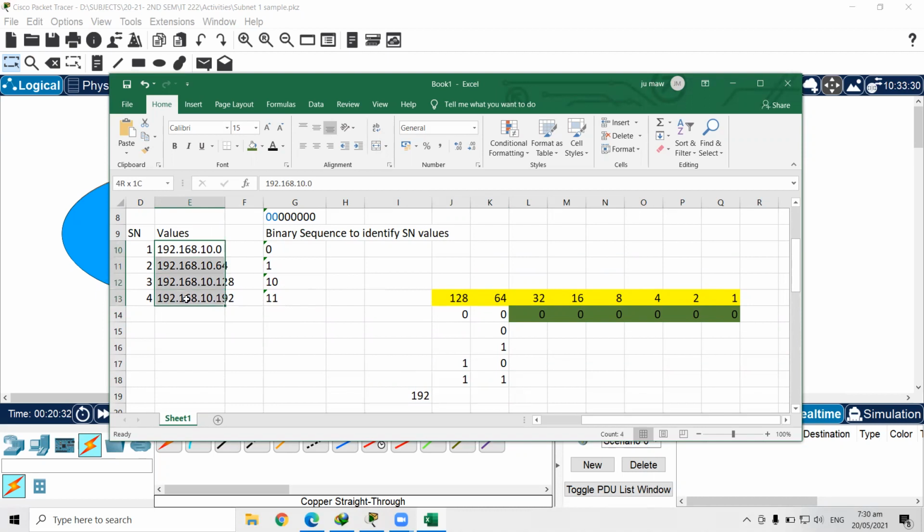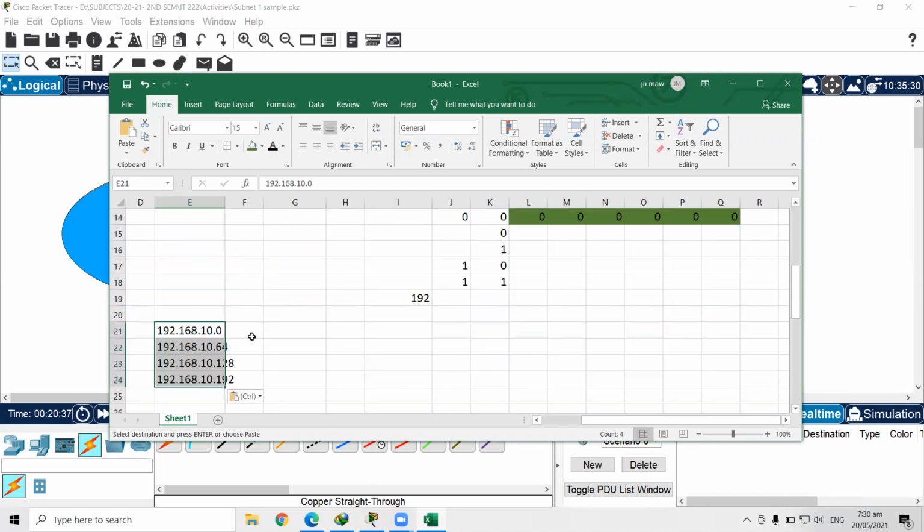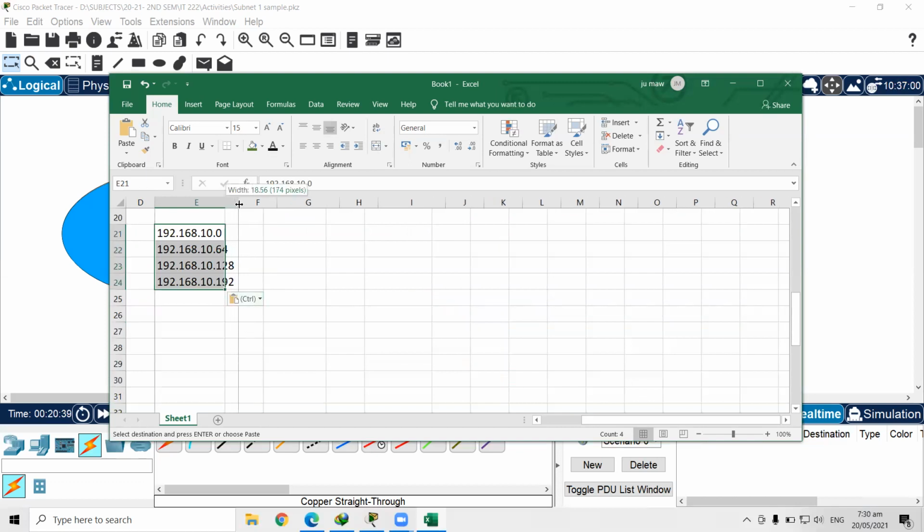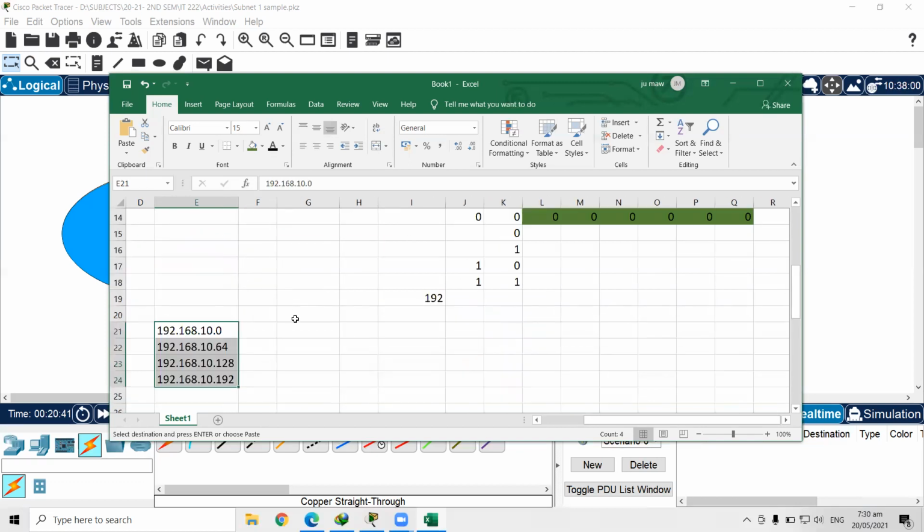So ngayon naman, may subnet na tayo. Let's try now to identify yung host range niya. Kasi ito yung subnet mo. Ano ngayon yung host range? Yung host range, yan yung IP address na pwede mong gamitin na i-assign sa computer, sa switch, sa router.